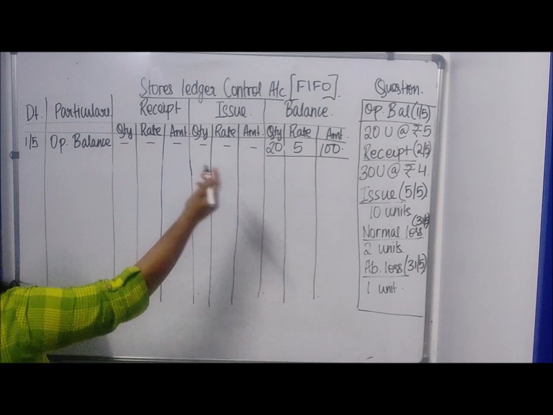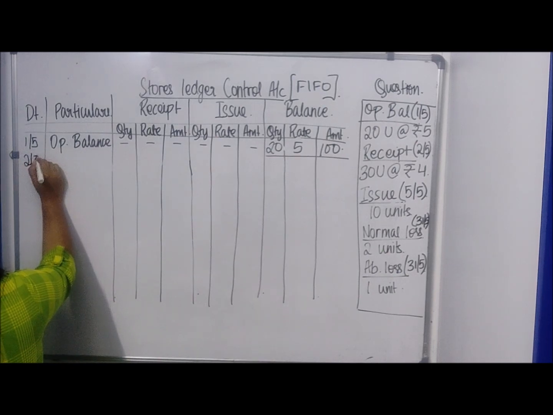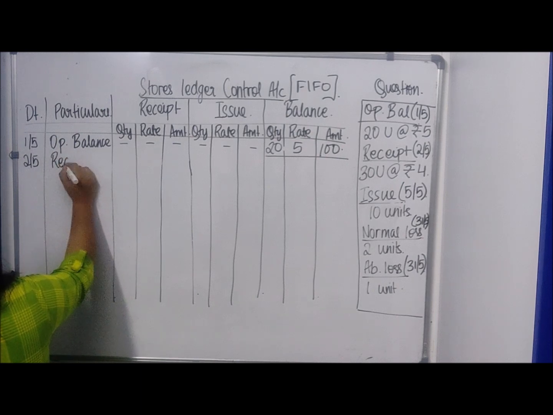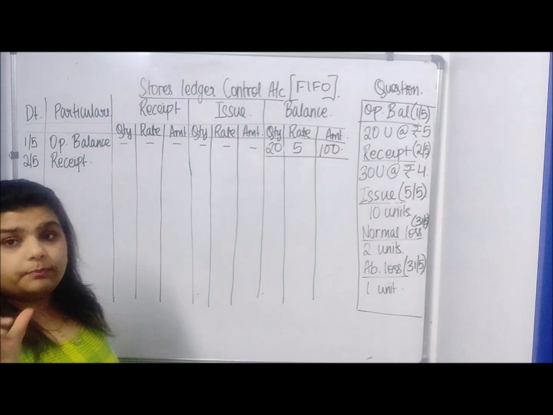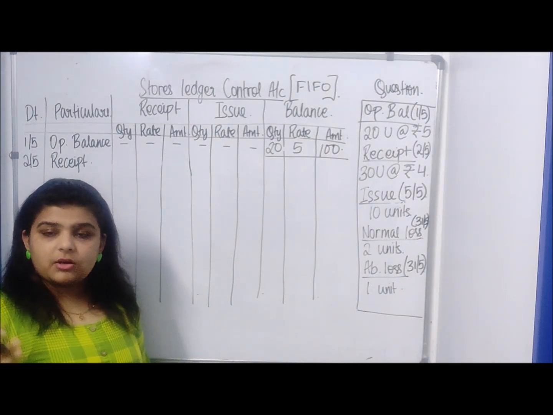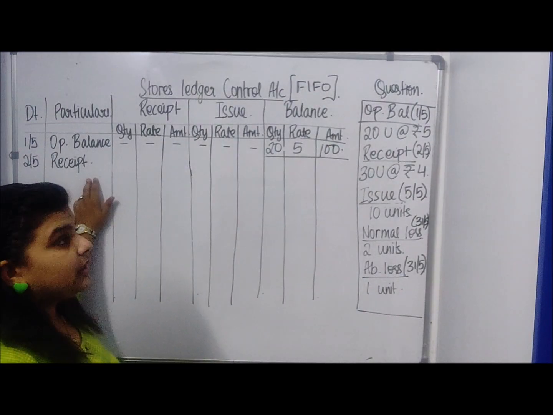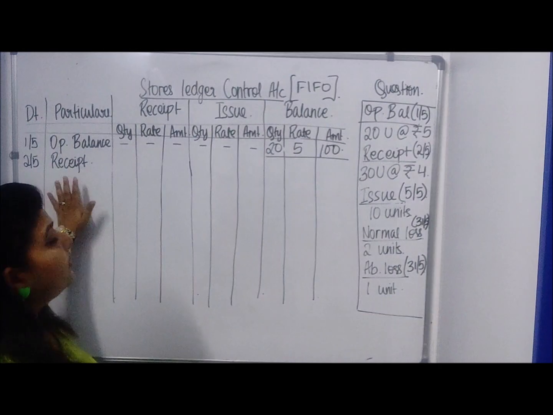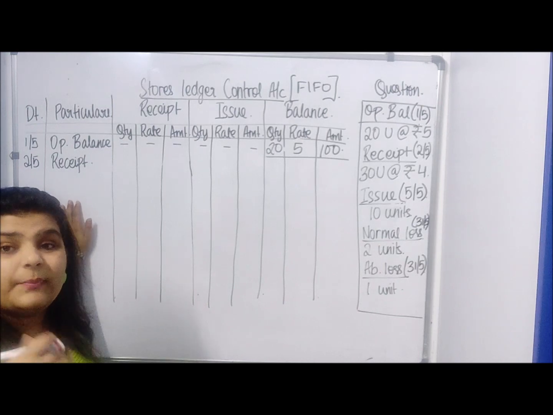Next is receipt on 2/5. Generally in your particulars column you write a particular number like GR number or SRN number, or from whom you have purchased, all those information are written in the particulars column practically.